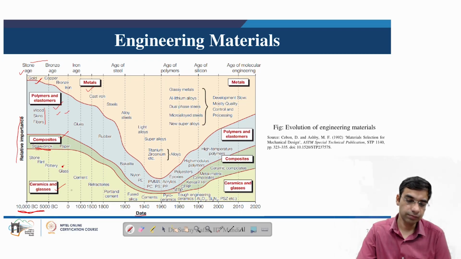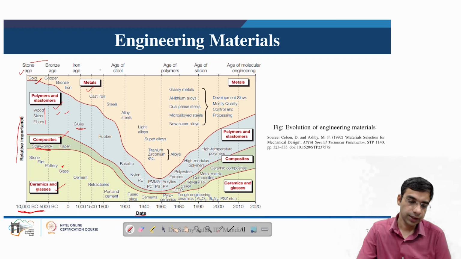Next, as more and more metals were discovered, like cast iron developed in 1500 to 1800 AD, and then more refractory and cement were developed in terms of ceramics and glasses, and some glues were also developed in polymer and elastomers classification. Then we entered the age of steel in the 1900s.